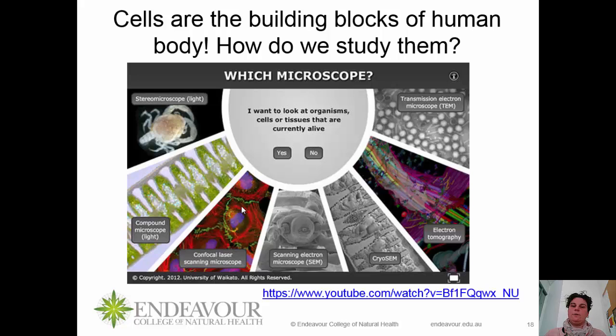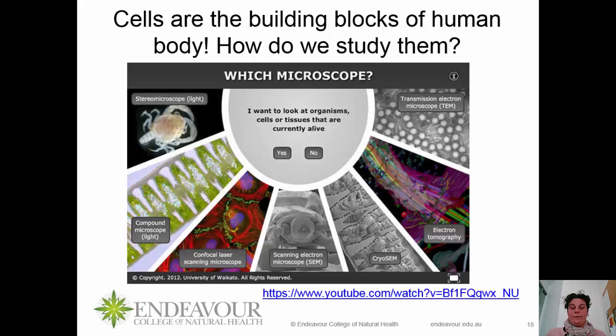So your cells themselves are not colorful, but if you add dye to them, so you basically color them in, you can see different parts of them in the cells in a whole-cell way. So this fluorescent or confocal microscope is able to provide you with that image, the way to look at the cells in a colorful way.